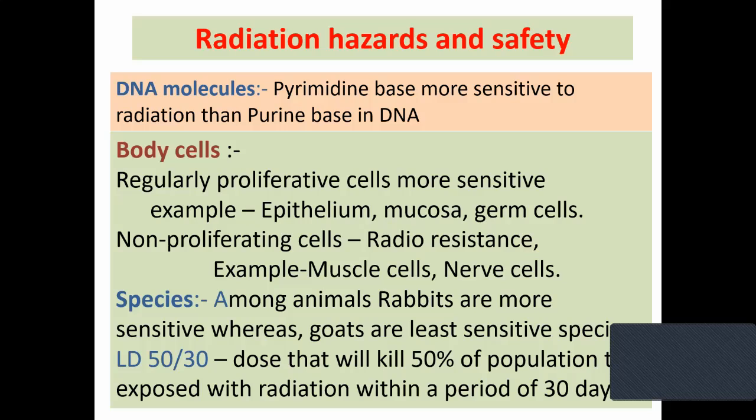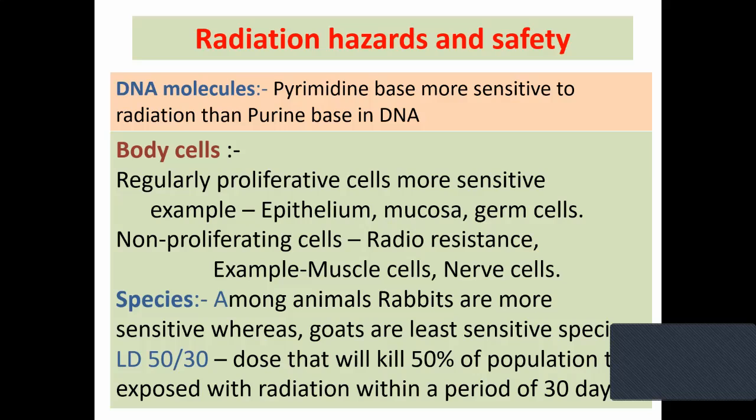And if we compare the species, then rabbit is one of the more sensitive species to radiation damage, and goat is the least sensitive species. Other species belong in between these two. Then one term is LD50 by 30.